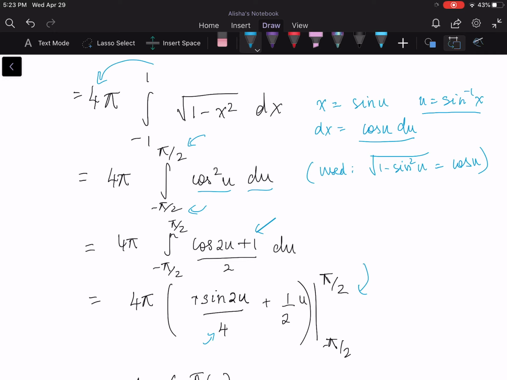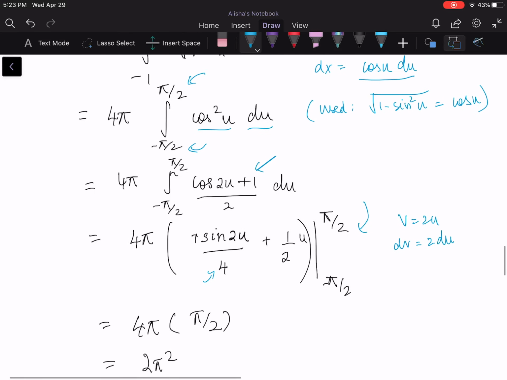You can think of that in 2 steps, as doing a substitution, where you call v equal to 2u, and then dv is 2 du. So you can split that up into 2 steps, and then you'll see that this is what you get as your antiderivative. And of course, the 1/2 just becomes a half u.